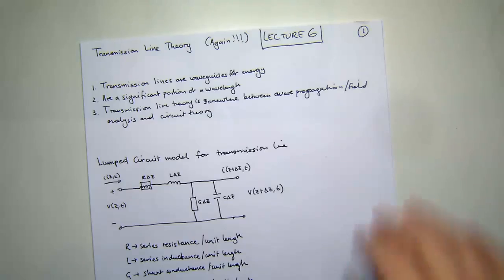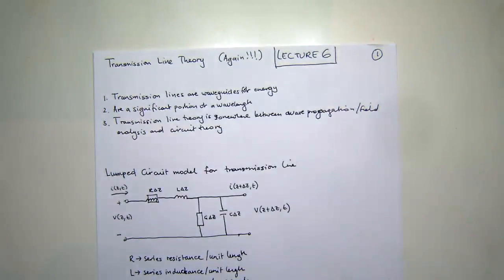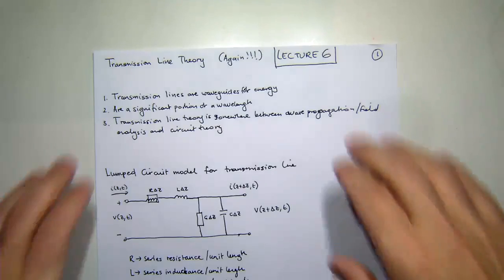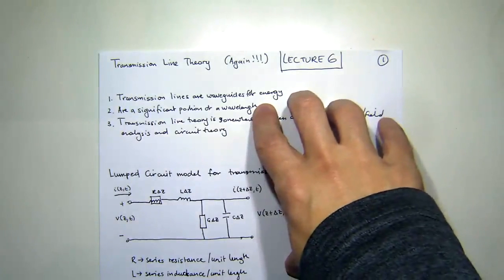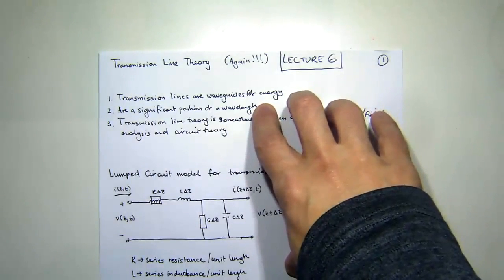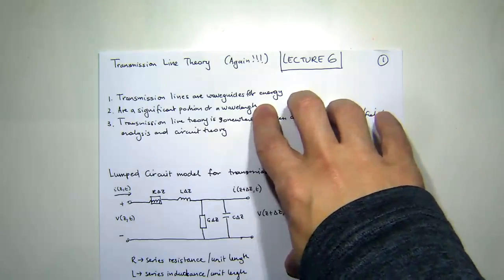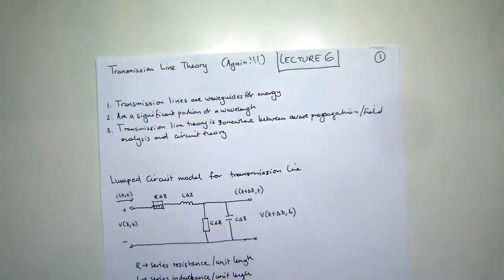Now, we've said that transmission lines are this concept of the waveguide. So essentially it's a mechanism, or let's think of it as a piece of equipment, which is able to transfer energy. And usually the reason why we care, and where the effects become more pronounced, is when it's a significant portion of the wavelength.